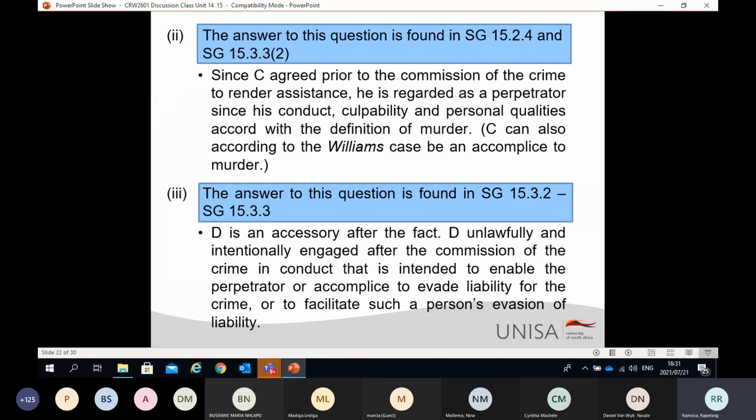And likewise, you cannot say somebody is an accessory after the fact unless you establish that that person came in after the commission of that crime and engaged unlawfully and intentionally in conduct intended to enable the perpetrator or the accomplice to evade liability or to facilitate their evasion of liability.